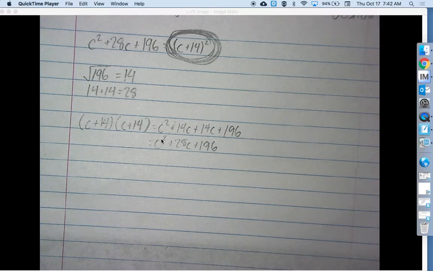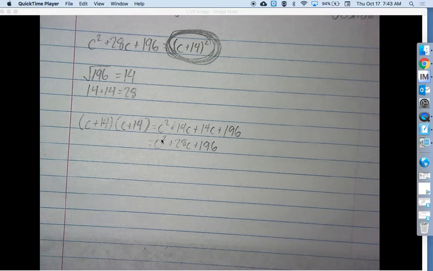Anyone else have questions on the factoring homework? How many of them couldn't be factored? Two. Yeah, two of them should not have been factorable.